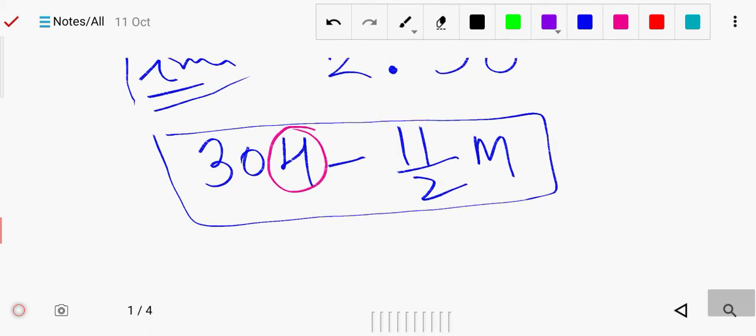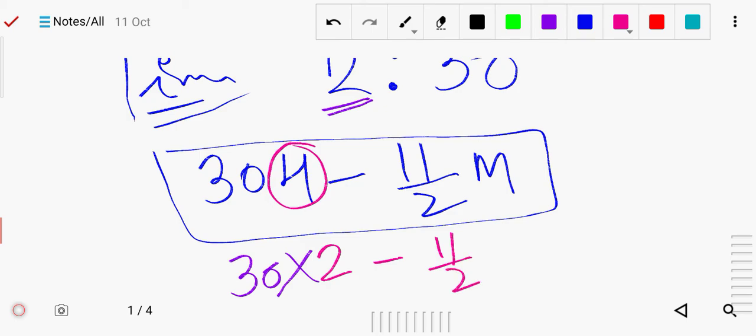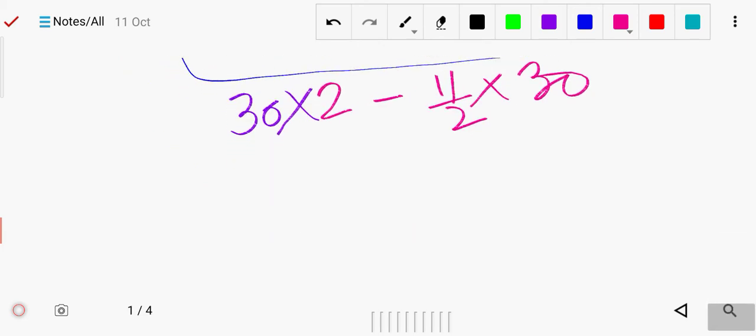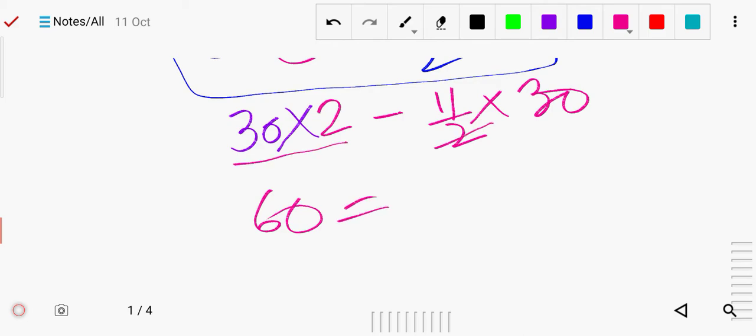Let's see, 30h minus 11 by 2m. The hour value is 2, so 30 into 2, and minus 11 by 2 into the minute, which is 30. 30 into 2 is 60. Now we can cancel and divide, so it will be 15.